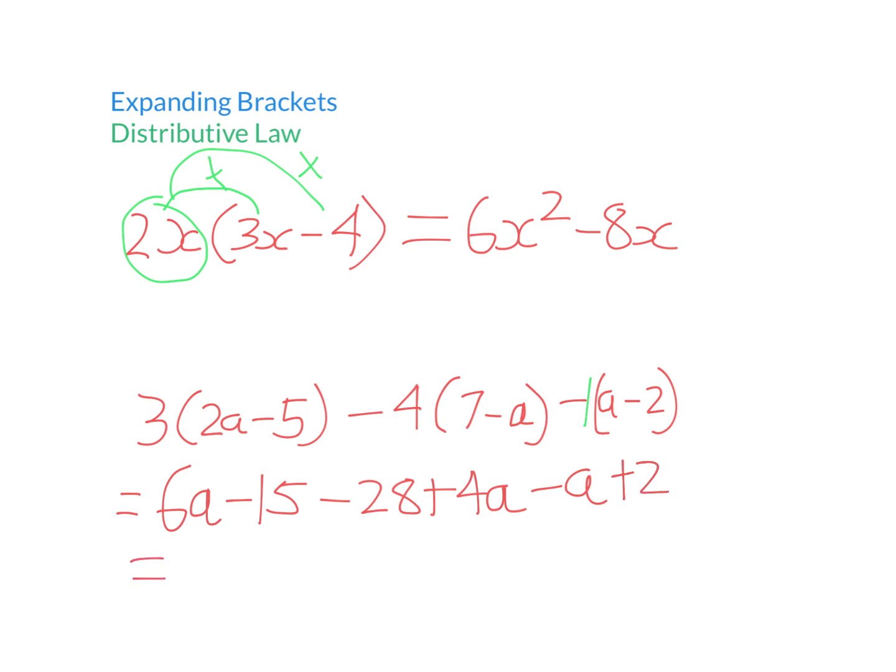So let's simplify this. 6a, 4a and negative a are like terms. 6 plus 4 minus 1 gives us 9a. And then each of these numbers, they are like terms. So negative 15 minus 28 plus 2 actually gives you negative 41. You can use your calculator if you struggle with that. So that's my final answer. Can't be simplified any further because this term and this term are not like terms.